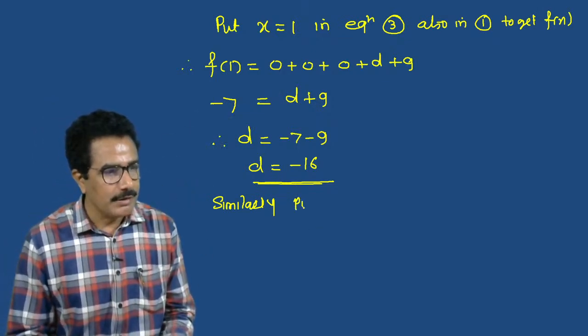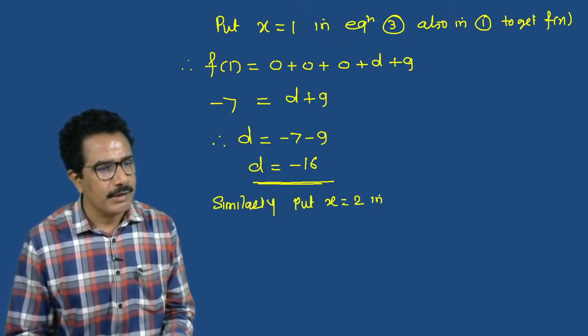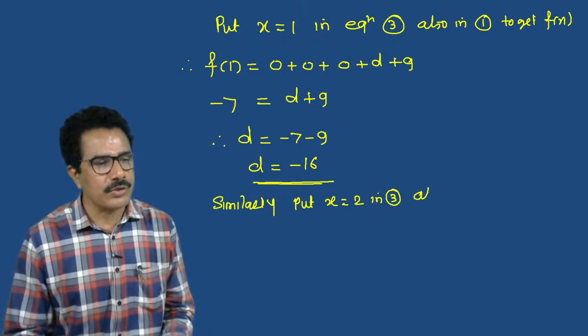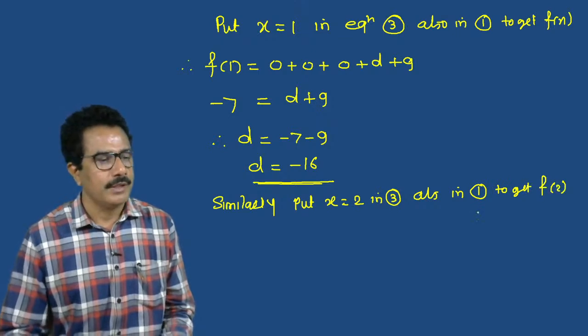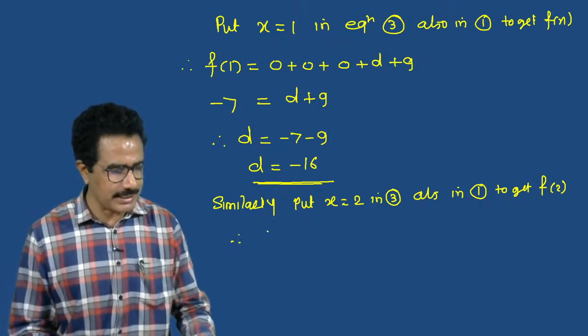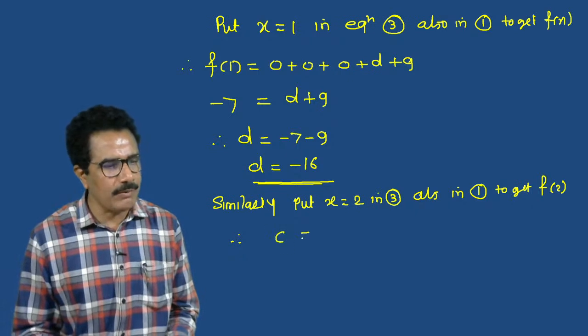Similarly put x is equals to 2 in 3 and also in 1 to get f of 2. Therefore we get, आता मी डायरेक्ट लिहितो, जास्त काय सांगायची गरज नाही आहे. Then we get the value of c, c will be 4.